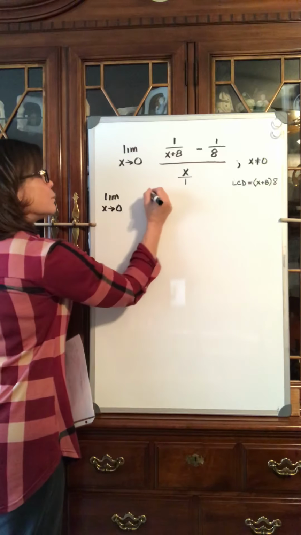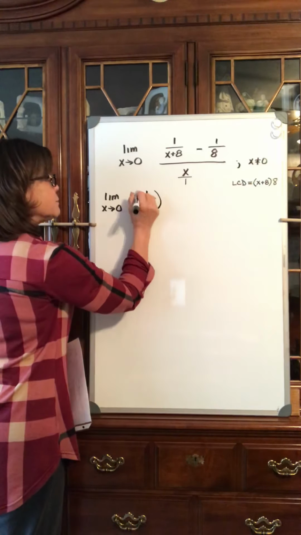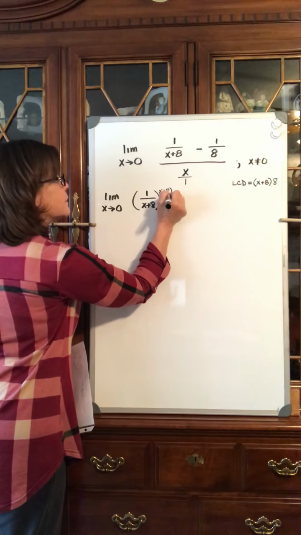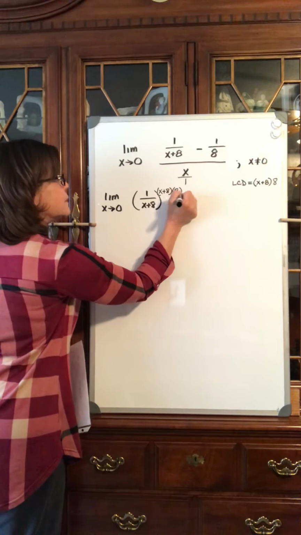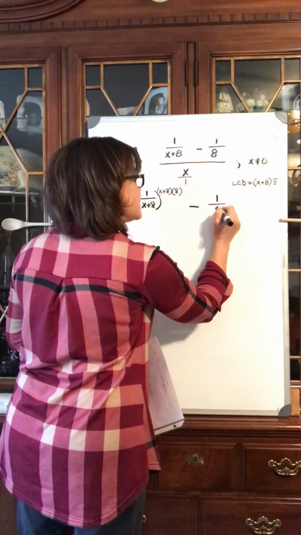So 1 over x plus 8, I'm going to multiply it by the LCD, which is x plus 8 times 8, minus 1 over 8.